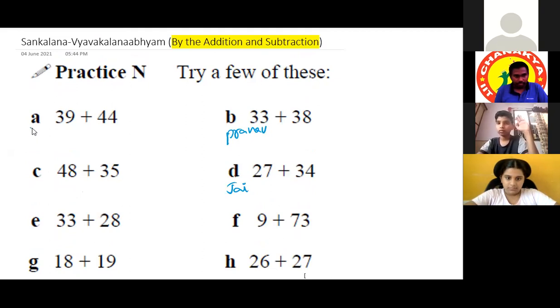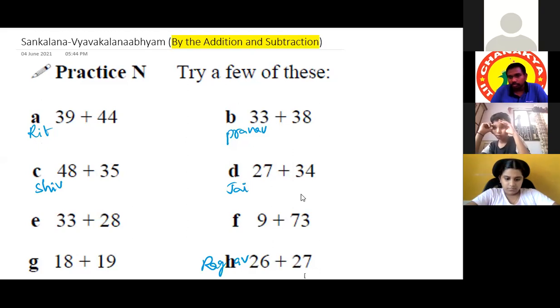A Ritvik is given. C Pranav. D already over, Srishti. So Disha, your question number. H Raghav. B Pranav. A Ritvik is over. G Aditi.